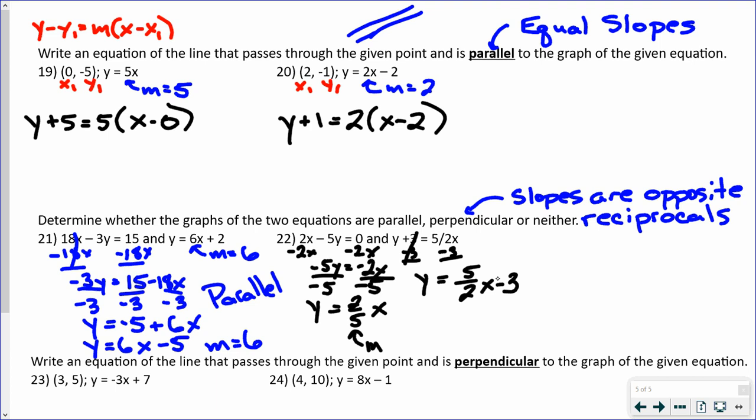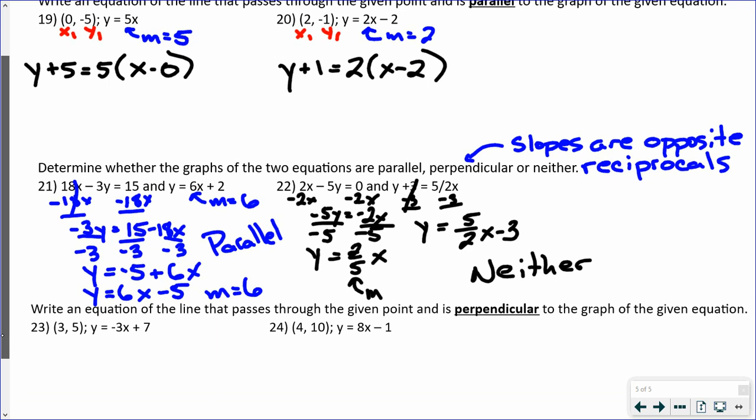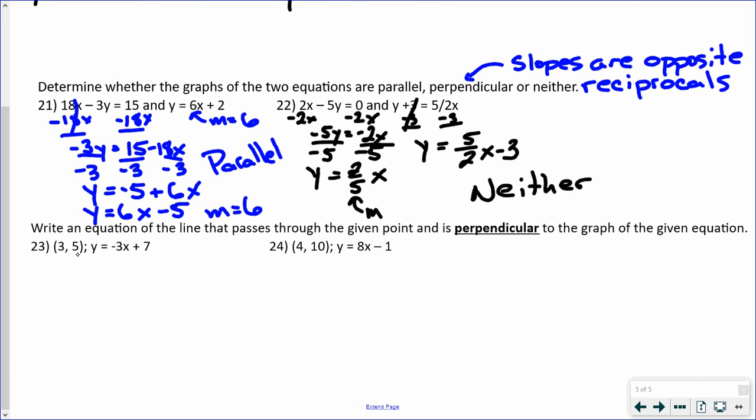And they're not equal. So these are not parallel or perpendicular. So the answer to this would be neither. In order for these to be perpendicular, one of these would have to be negative to be opposite reciprocals.